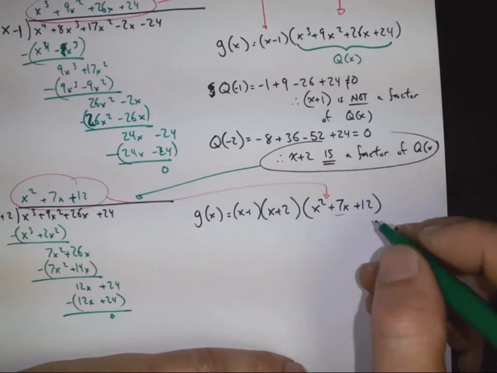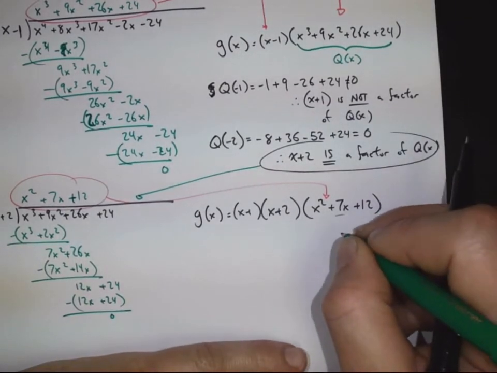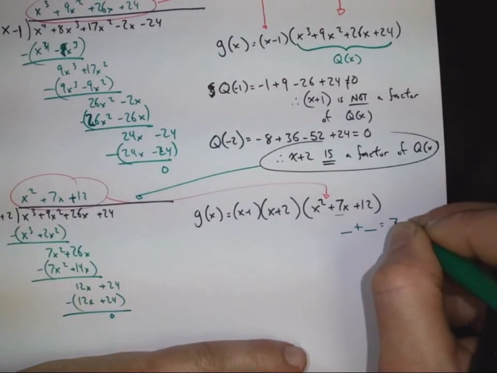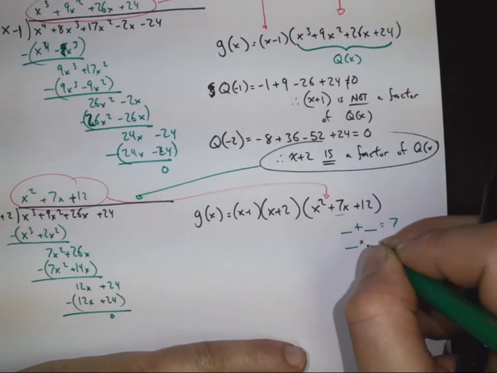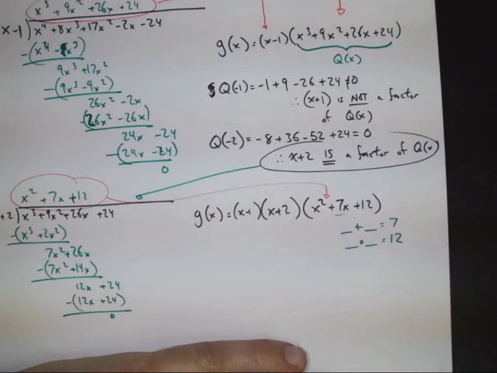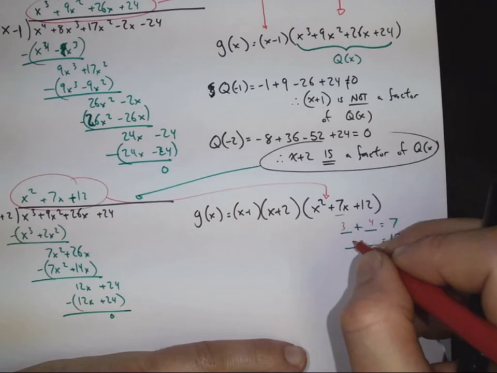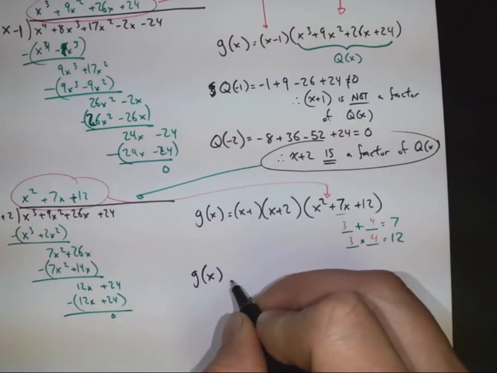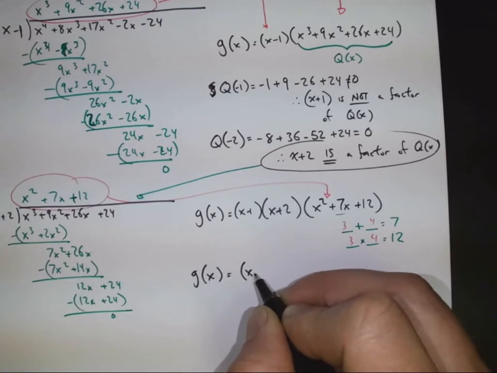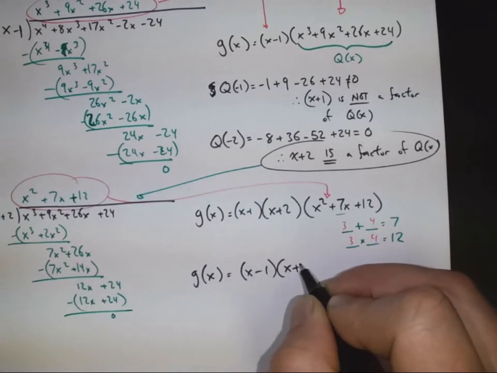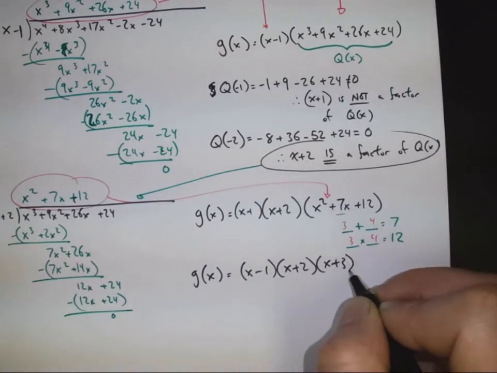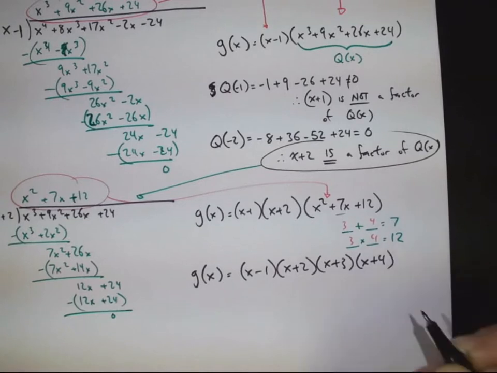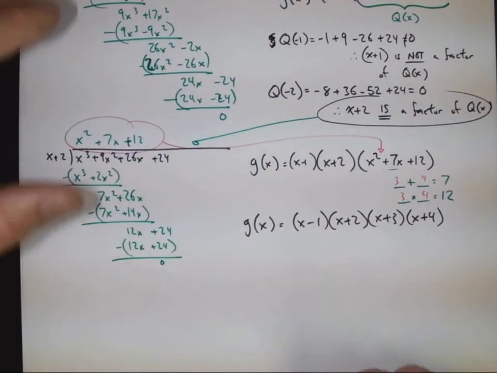It's not a function, sorry, it's a quadratic expression, but I can factor it, so I know these two numbers add to 7 and multiply to 12. And when I look for those numbers, those are 3 and 4. So we can say actually g of x is equal to x minus 1 times x plus 2 times x plus 3 times x plus 4.